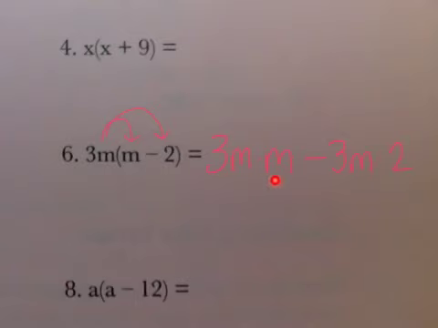Then I can make this simpler: 3m times m, well, m times m is m squared, so this is 3m squared, minus, and then it's 3m times 2, and that makes 6m. So we get 3m squared minus 6m.